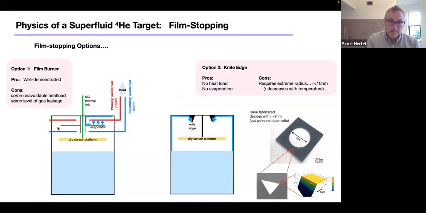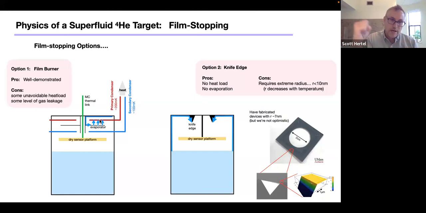HeRON and other projects have used a film burner for this. The film creeps up the wall, it reaches a hot region where it evaporates completely and stops continuing to flow. The cons of that: one is it applies really significant heat loads where that evaporated population of atoms condenses.